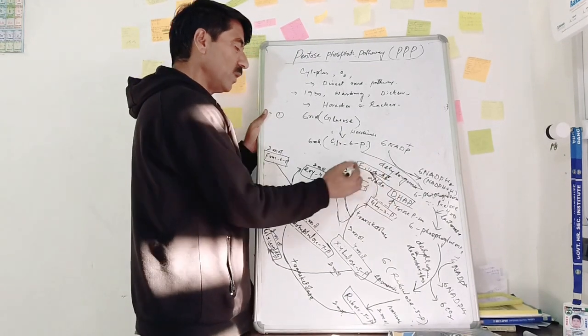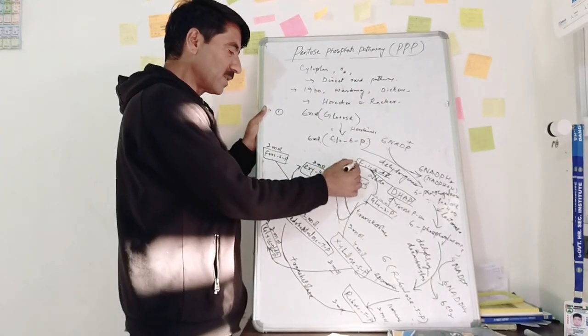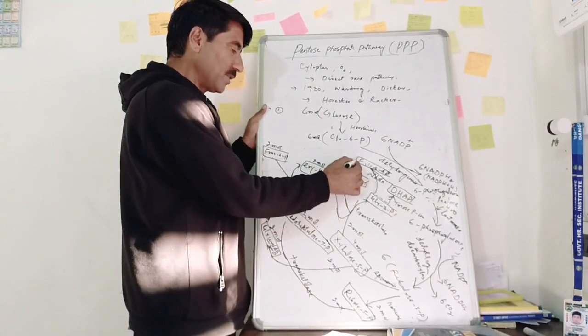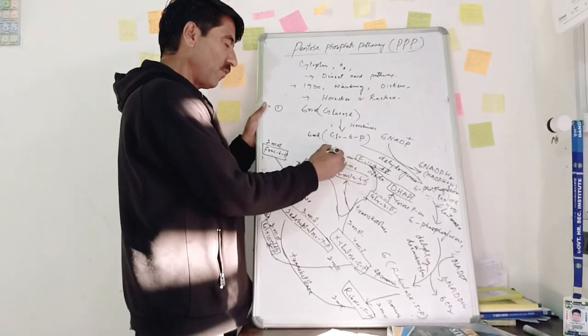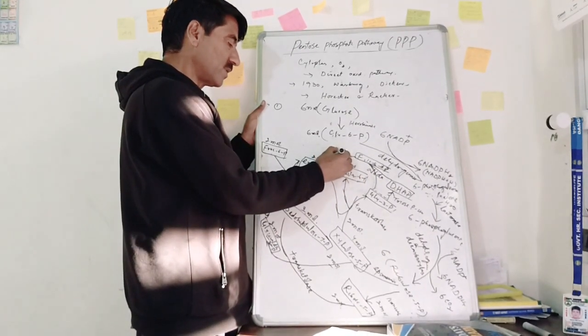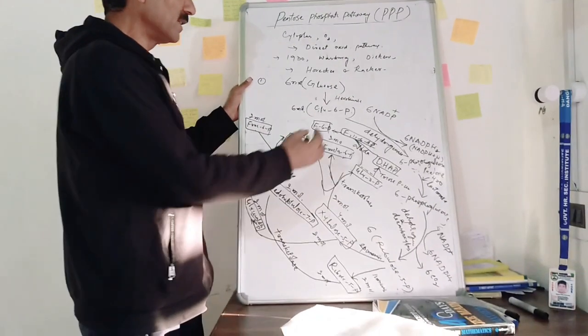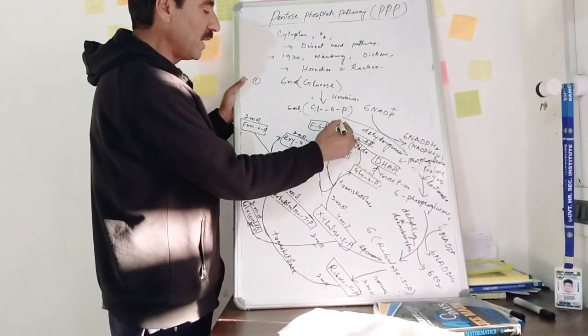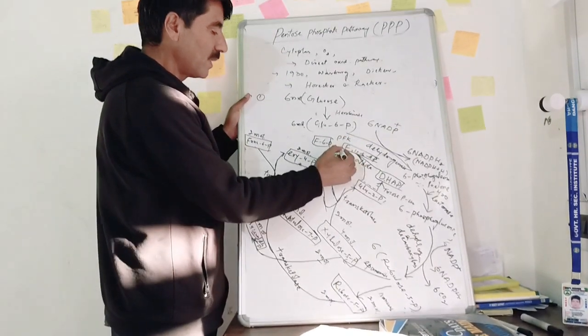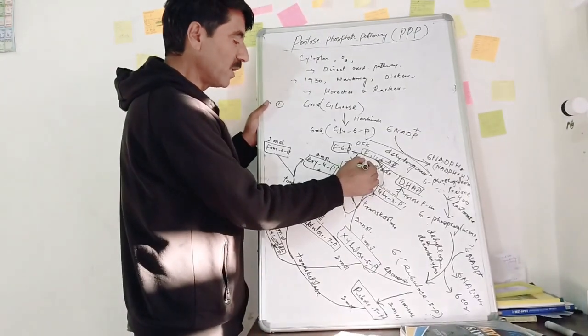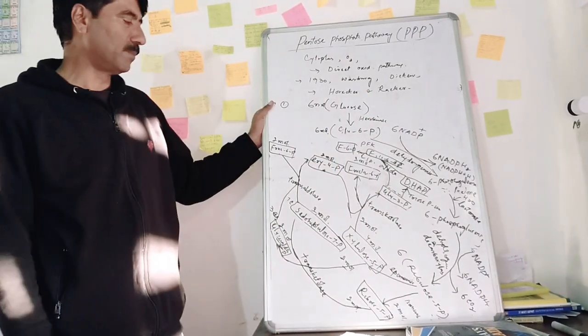So one molecule of fructose 1,6-diphosphate gets changed into fructose 6-phosphate in presence of the enzyme phosphofructose kinase. That means there is removal of one phosphate grouping from this compound.